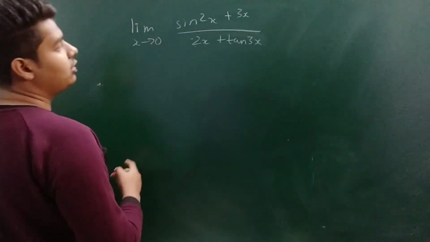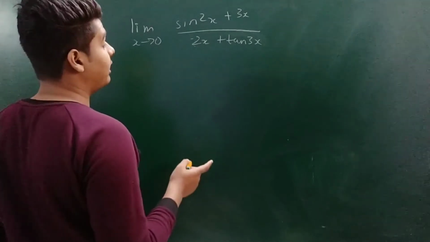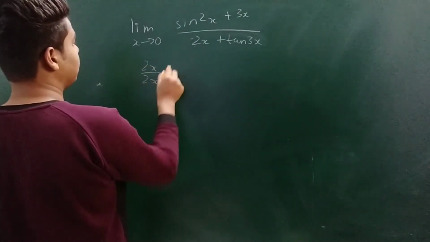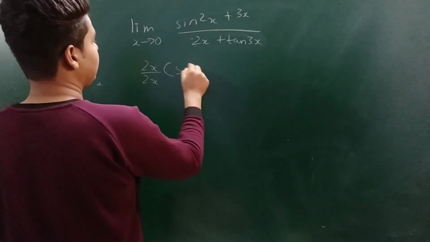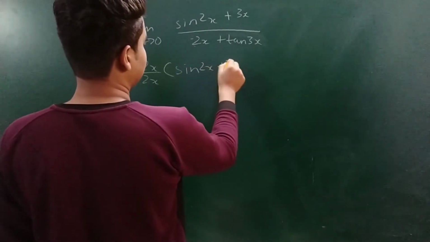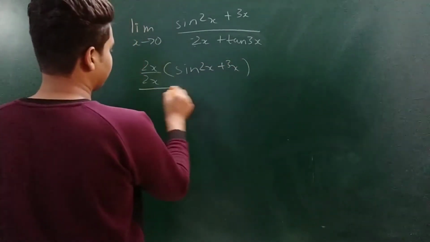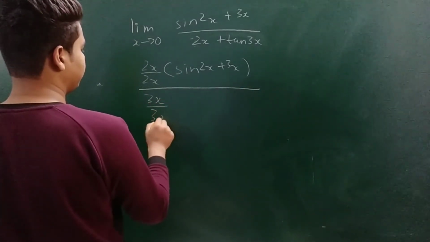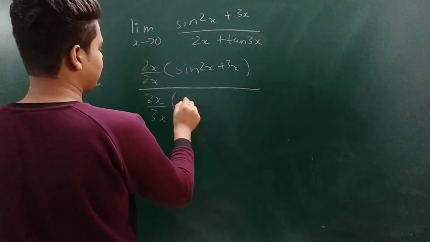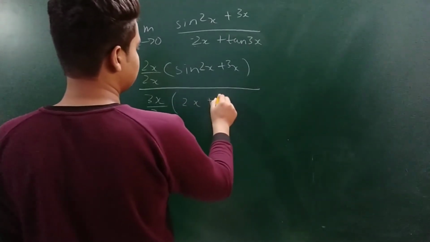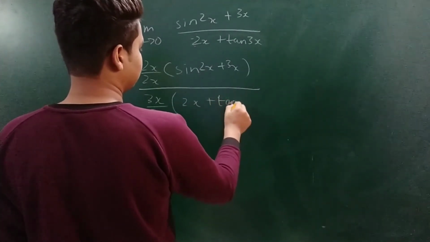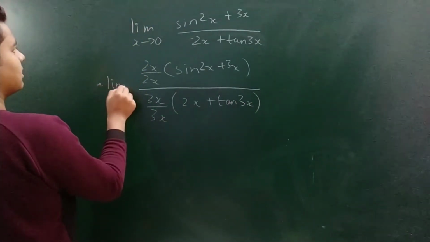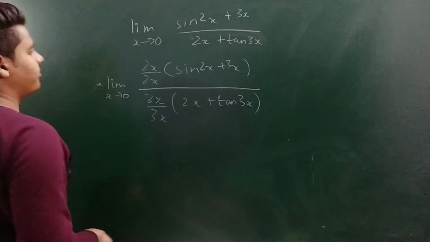First, I multiply and divide the numerator by 2x, which will be 2x upon 2x multiplied by sin 2x plus 3x, and similarly I do with the denominator. Here I multiply and divide it with 3x, 3x upon 3x, 2x plus tan 3x, and the limit is x tending to 0.